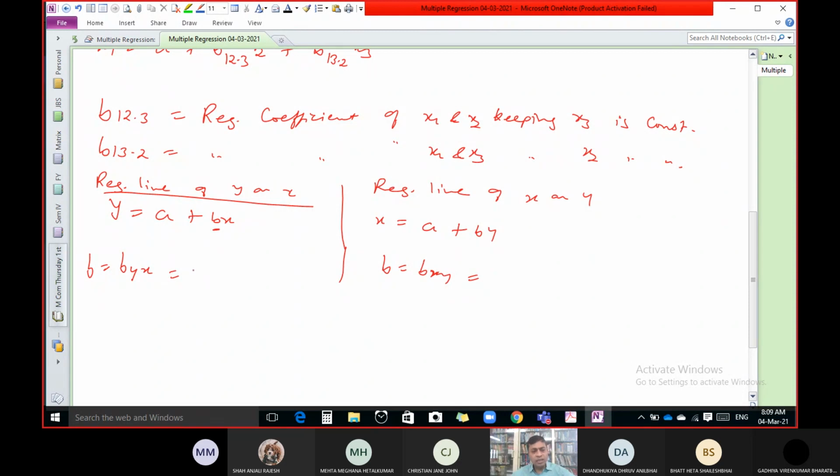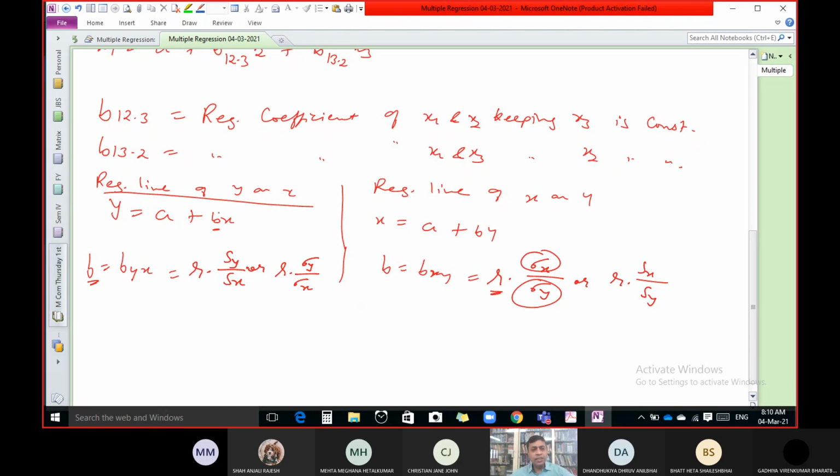And there is a formula to calculate the value of b: byx equals r into sigma y upon sigma x, or you can write r into sy upon sx. Here the formula is r into sigma x upon sigma y, or instead of sigma you can use the symbols sx and sy. r is the correlation between x and y, sigma x is the standard deviation of x, and sigma y is the standard deviation of y.